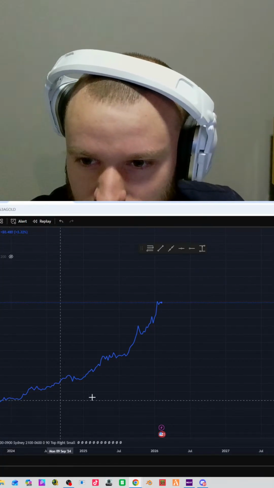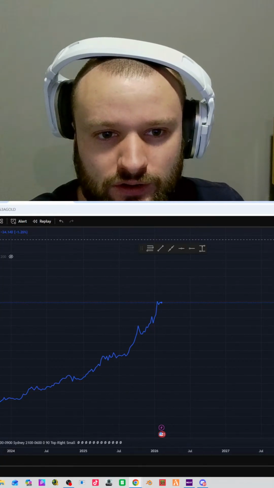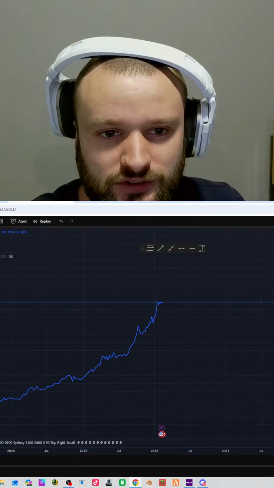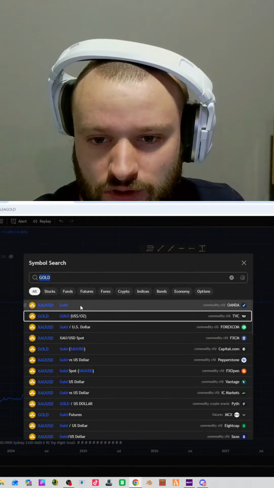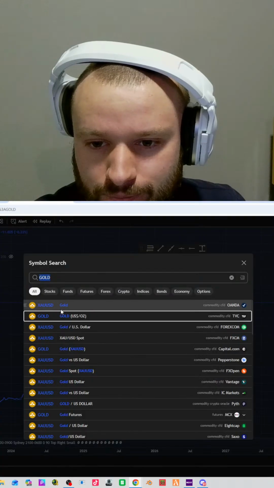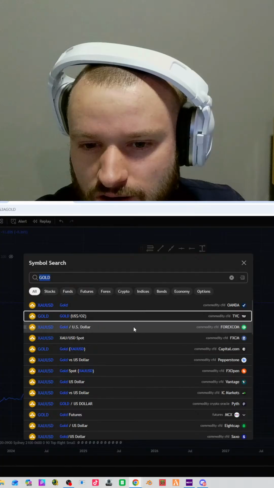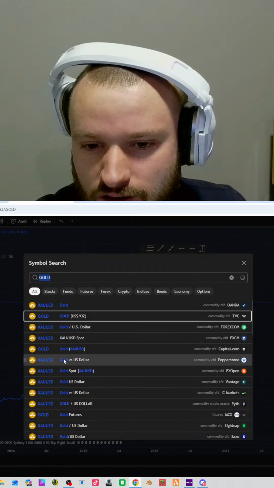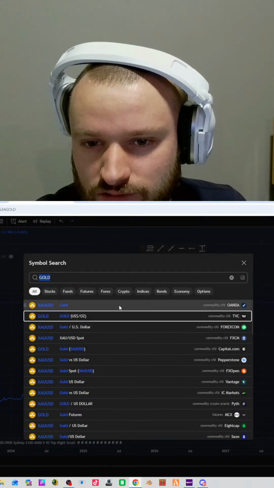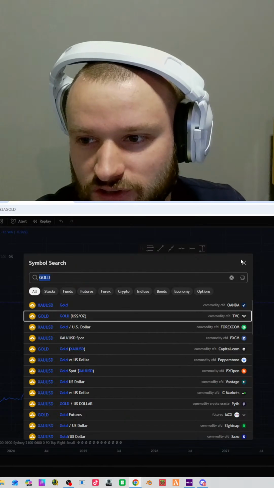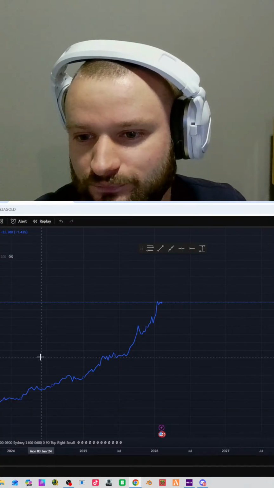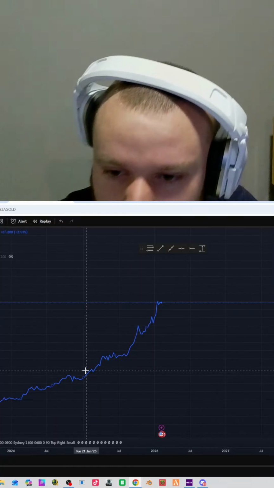So it looks like this is a pretty strong uptrend with gold. I don't know if this is CFDs on gold. US dollars per ounce. Okay, I'm gonna just stay on this one.